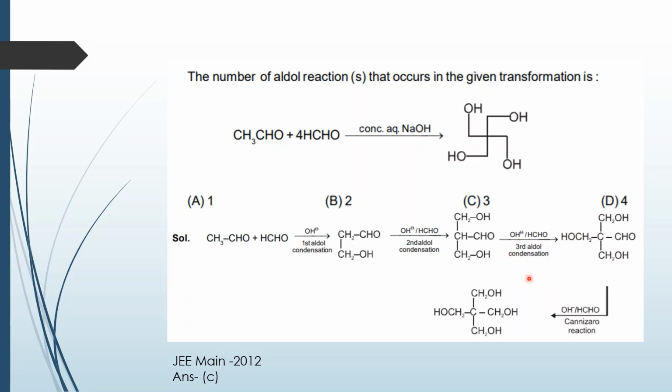This is the third aldol condensation reaction, when we'll get this product, and at last in presence of base and the fourth molecule of formaldehyde, Cannizzaro reaction will take place and we will get this product. So the answer here is C, that is 3 aldol condensation reactions occur.